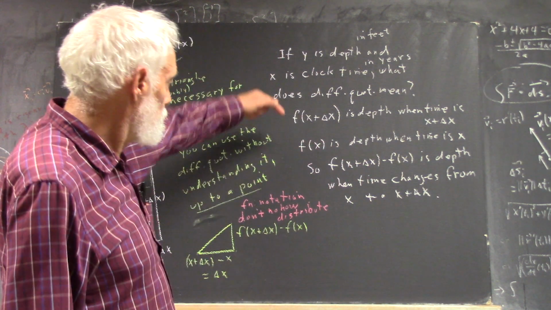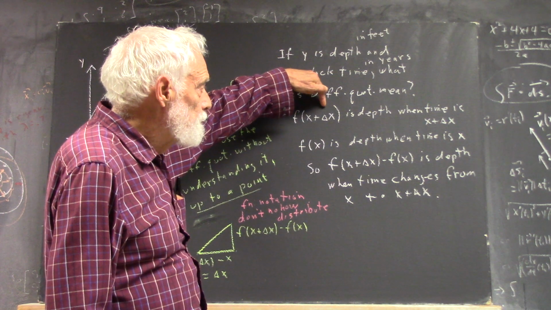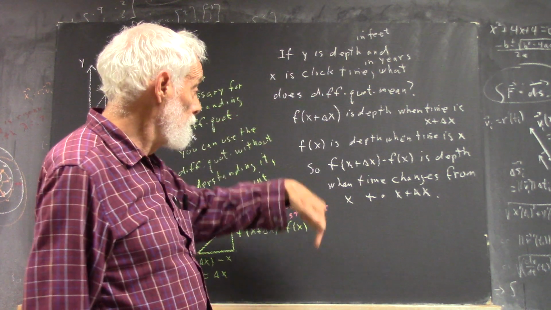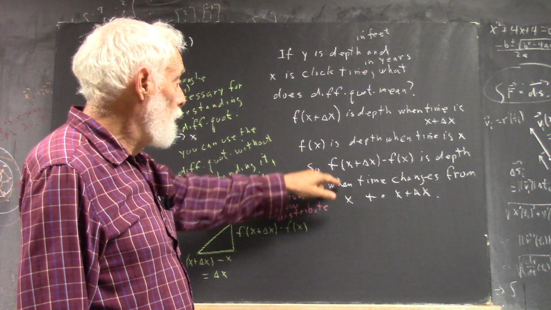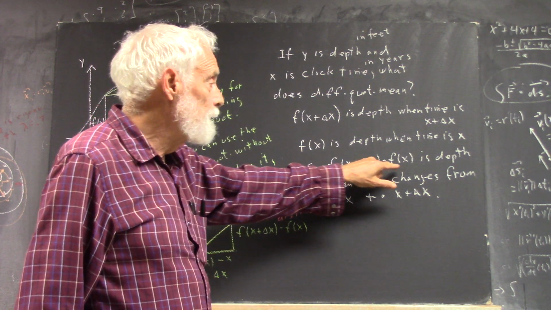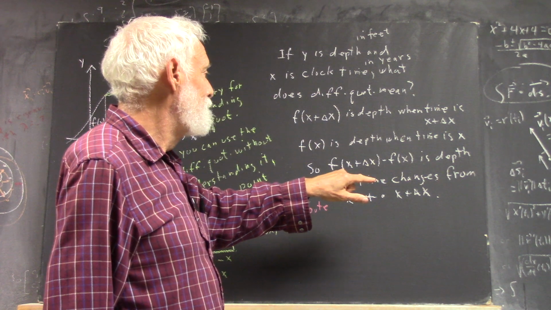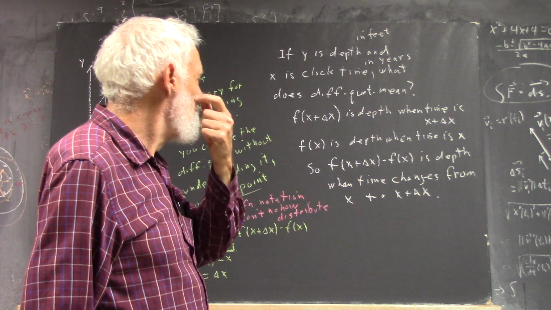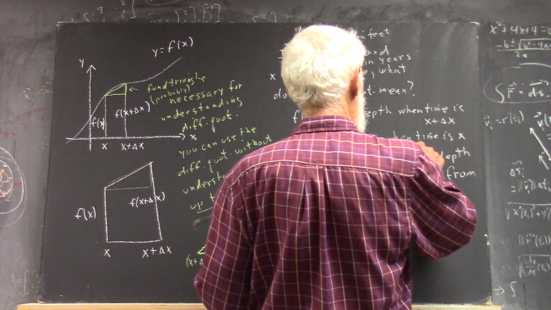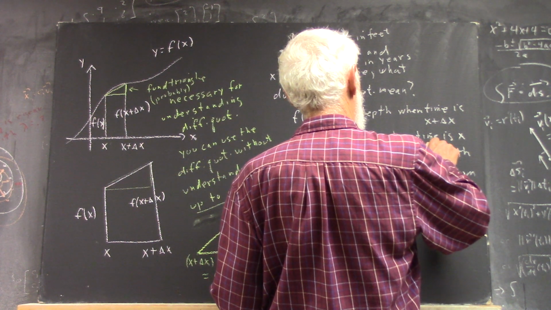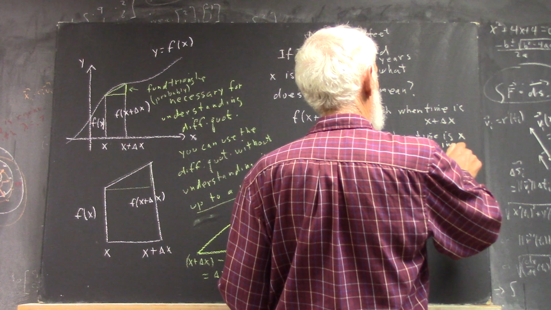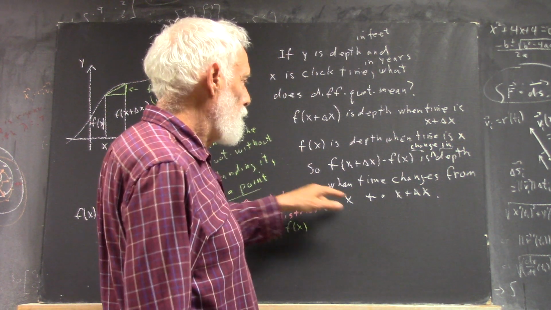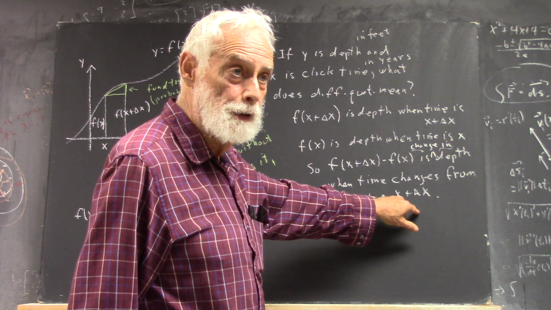So what I'm saying is, f of x plus delta x is the depth from the time x plus delta x. F of x is the depth from the time x. So f of x plus delta x minus f of x is, and I left out an essential word, I can't believe I did that, the change in depth when the time changes from x to x plus delta x, right?